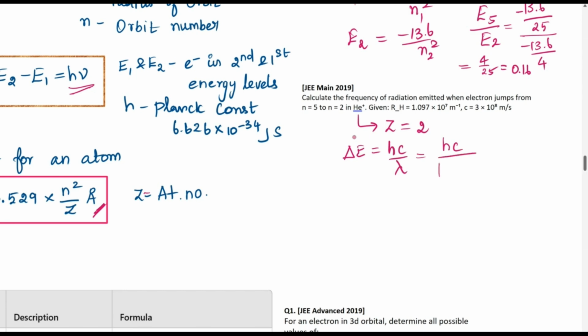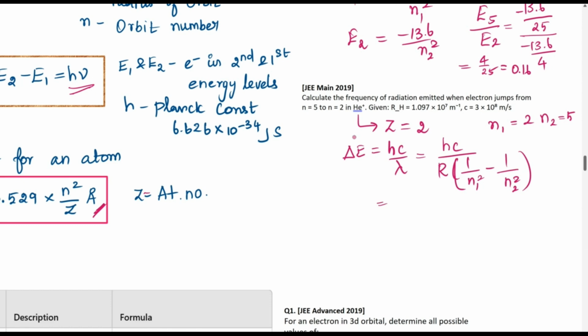hc by lambda, that is R into 1 by n1 square minus 1 by n2 square. So that is equal to, n1, that is 2, and n2 is 5.